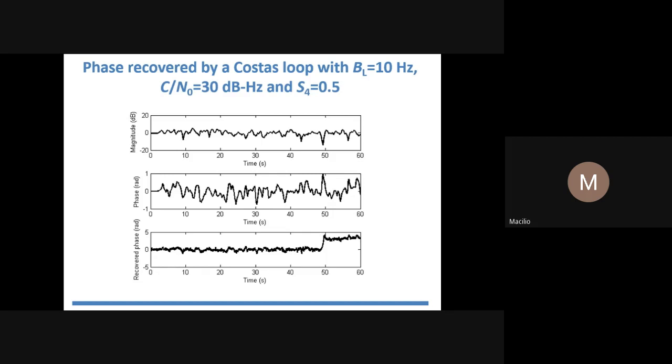At this point, the Costas loop lost the synchronism. Then we have this jump in phase. This jump is enough to make the system lose the phase synchronism.